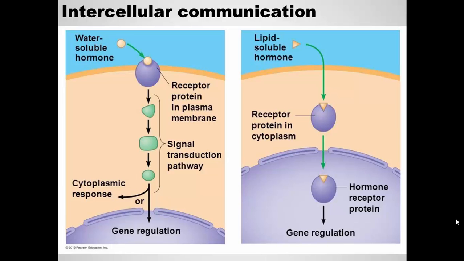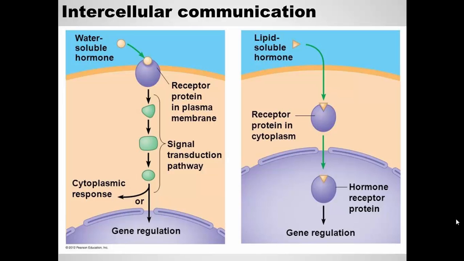For example, testes produce testosterone, ovaries produce estrogen, pancreas produces insulin. These are hormones. They travel around through the bloodstream, and they have effects on cells in different parts of the body. And they do that by the use of these receptor molecules.